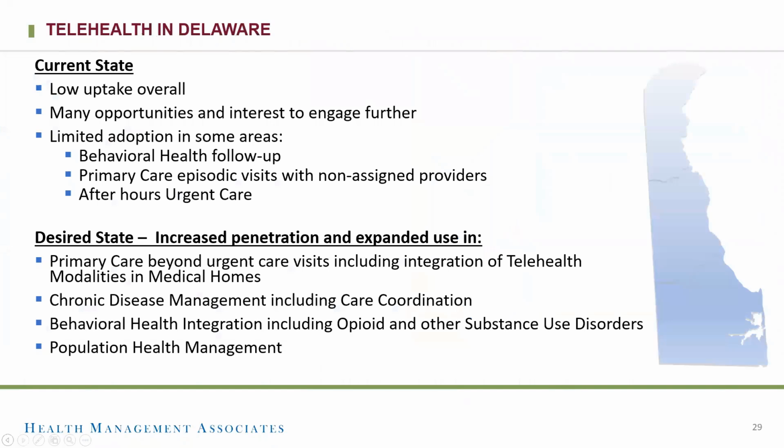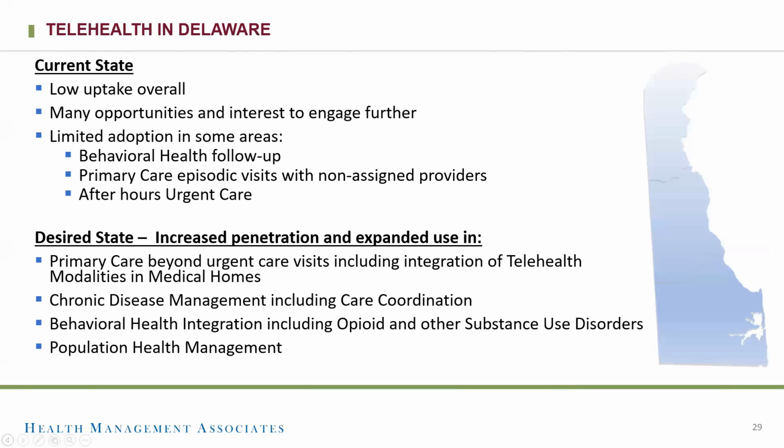According to our initial assessment and discussions with several people in the state of Delaware, the current state of telehealth implementation seems to be at a lower uptake overall than it could be. And there are many opportunities and interest to engage further. There's limited adoption in areas of behavioral health, follow-up, primary care, episodic visits with non-assigned providers, and then after-hours urgent care.